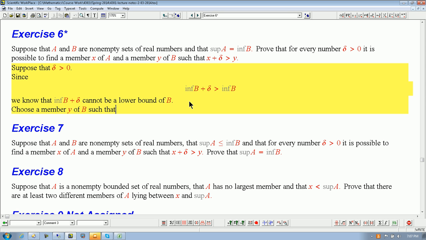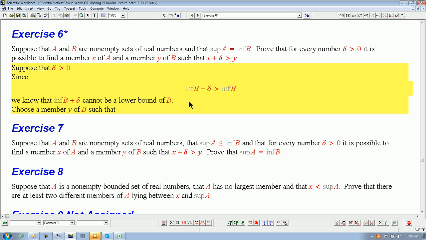As long as B is not empty, you can do that. But if I say choose a member y of B such that y is a millionaire, then you need to know that there are members of B that are millionaires, you see? Choose a member y of B that loves me, right? Since nobody loves me, that's a very difficult choice, you see?